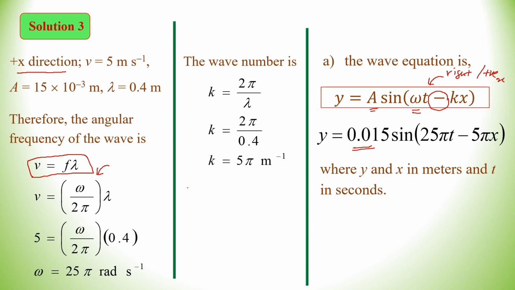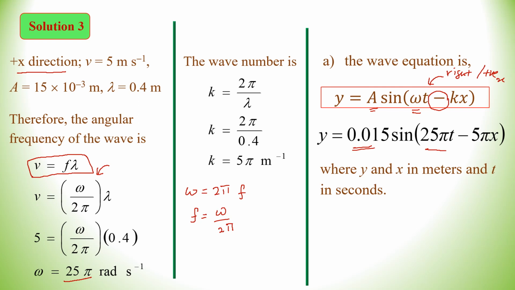Okay, omega equals to 2 pi f, so f equals to omega over 2 pi. Then you can substitute omega over 2 pi, lambda 0.4. Simplify your equation. Next, you get the answer: our angular frequency equals to 25 pi radian per second. So you now have your angular frequency.